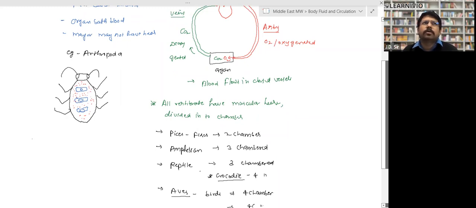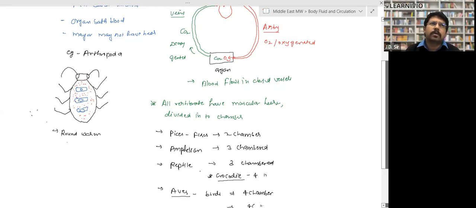Then Nematoda, yes, roundworms, they have an open circulatory system.